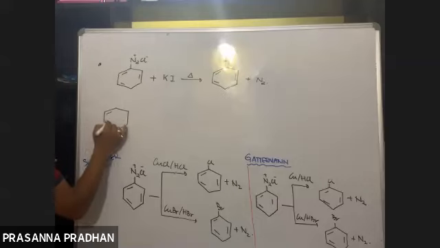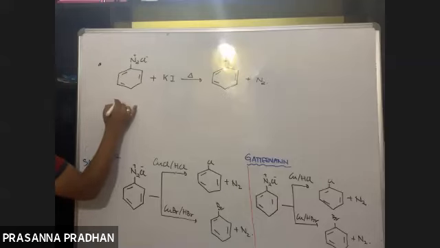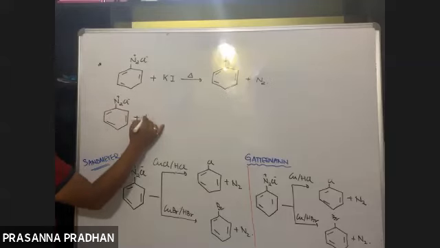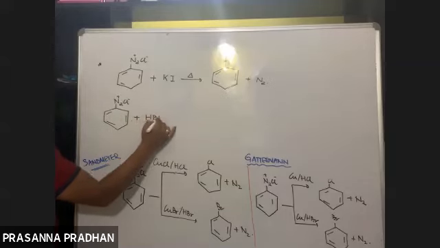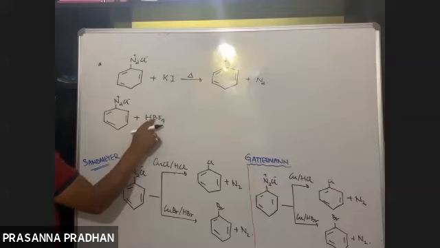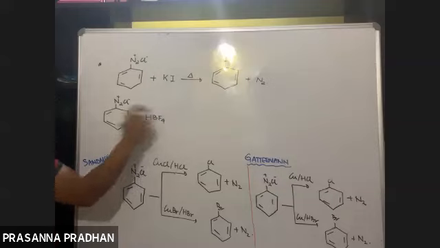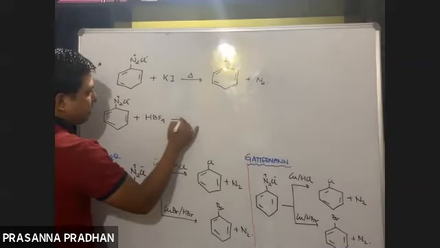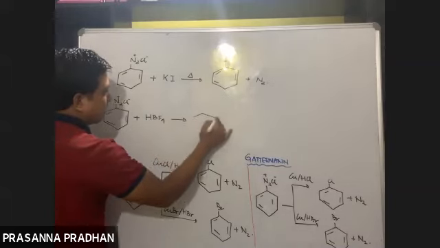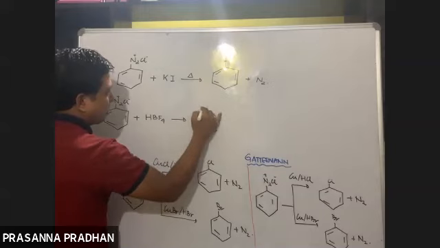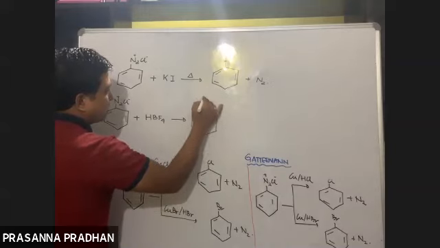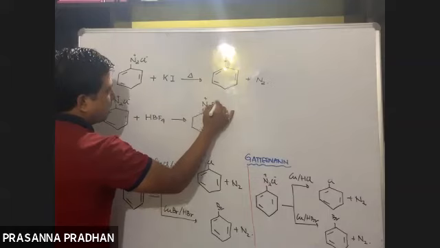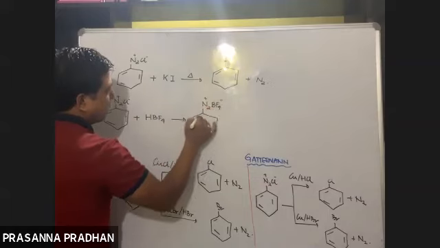Last but not the least, fluorobenzene can also be prepared. So first, benzene diazonium chloride is treated with fluoroboric acid, HBF4. We get N2+ BF4-.